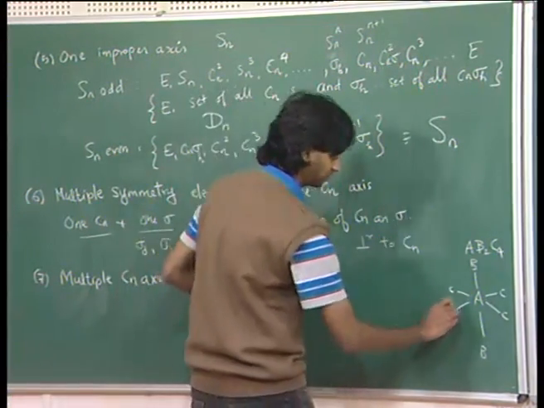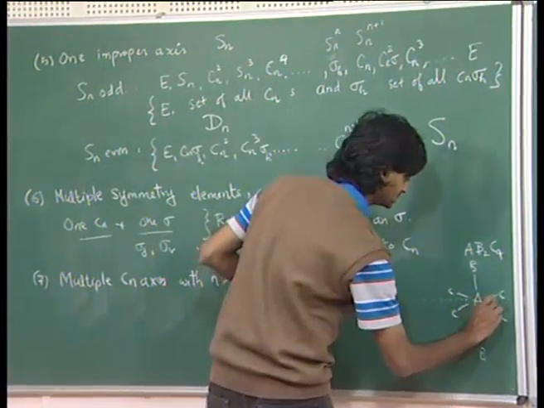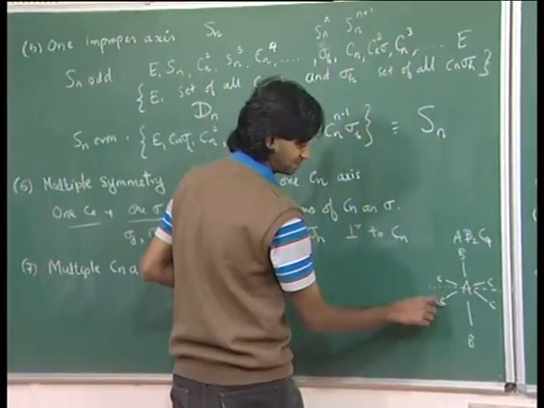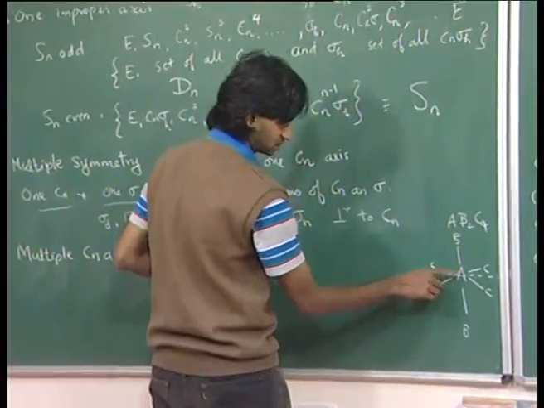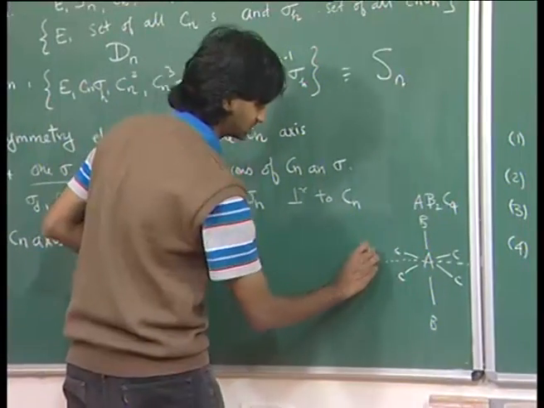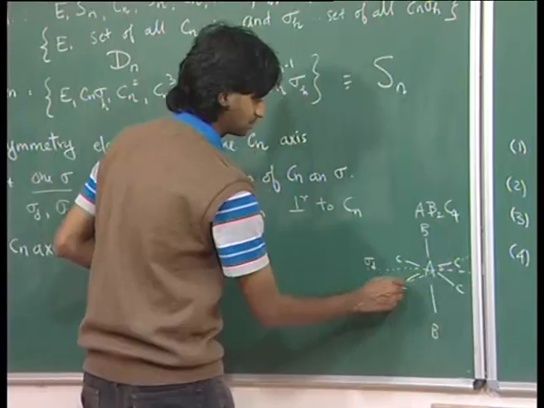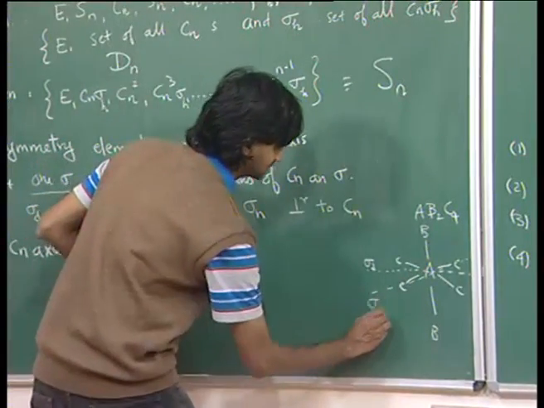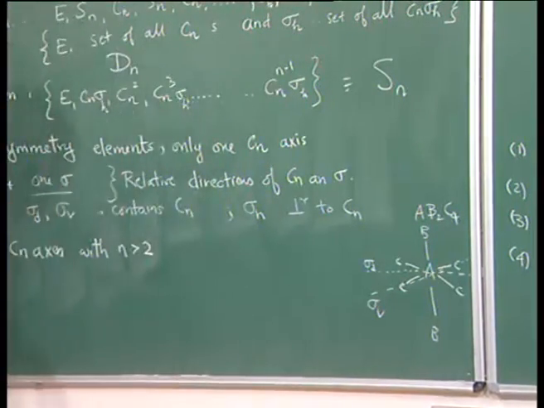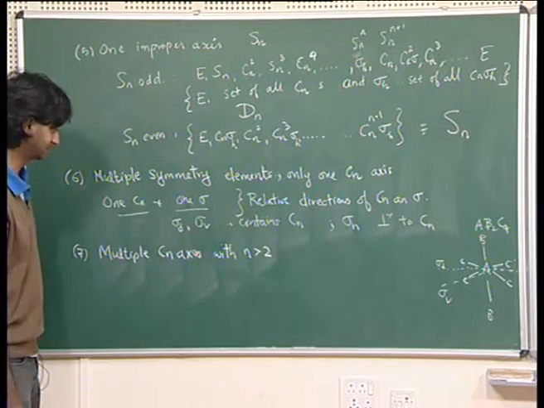So if you consider a plane that passes between the AC bonds, this is called sigma_d. Whereas if you consider planes of symmetry that pass through the AC bond, they are called sigma_v's. So that's the example of sigma_v and sigma_d.